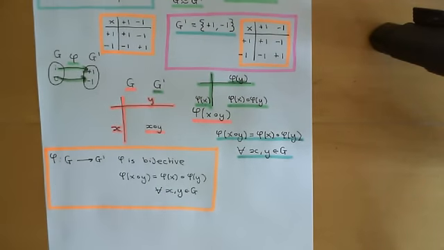So if there is an isomorphism between two groups, then the two groups are isomorphic.